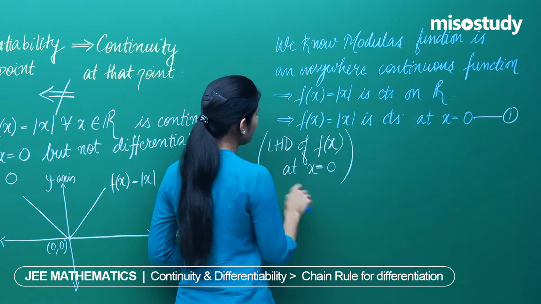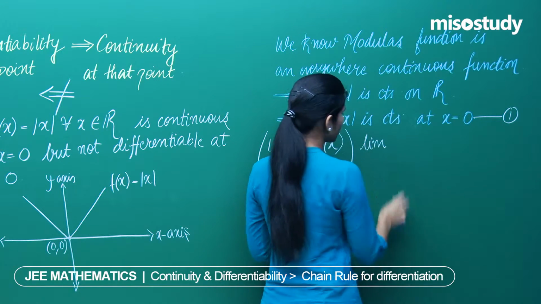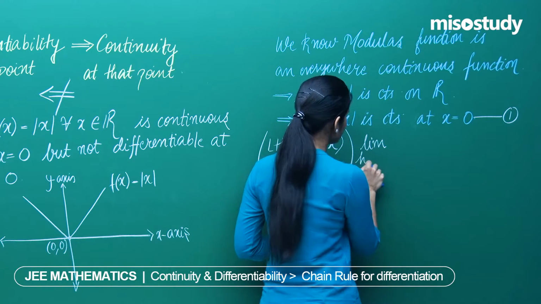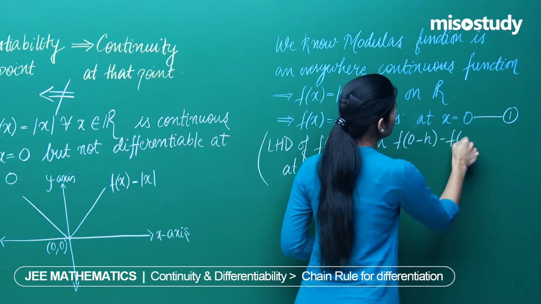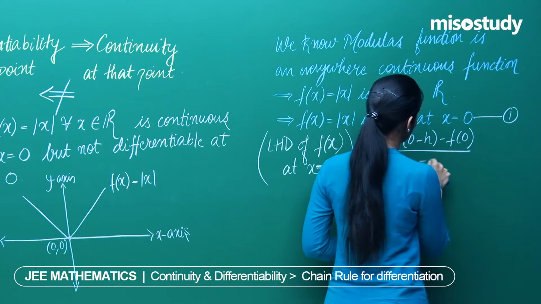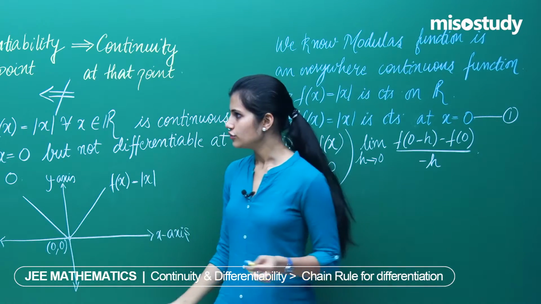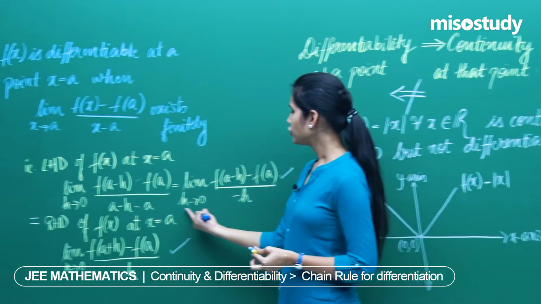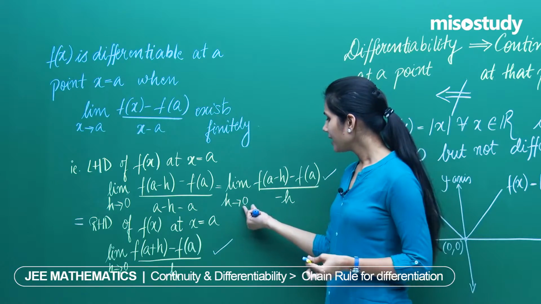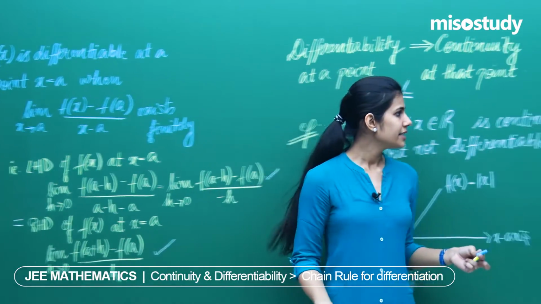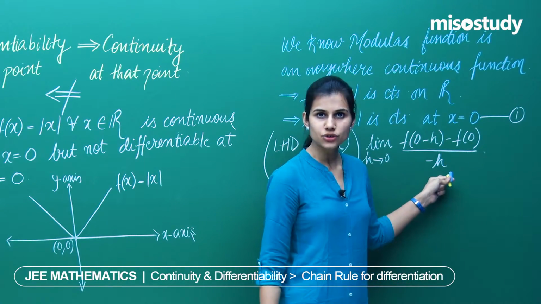The left hand derivative of f(x) at x equals 0 will be: limit h tends to 0, f of (0 minus h) minus f of 0, whole upon minus h. Just see: limit h tends to 0, f of (a minus h) minus f of a, whole upon minus h. Here my a is 0, so limit h tends to 0, f of (0 minus h) minus f of 0, whole upon minus h.